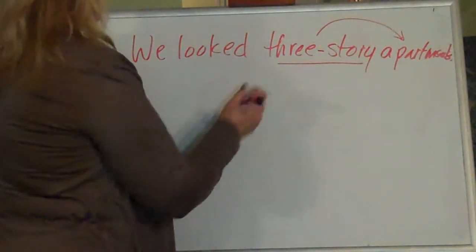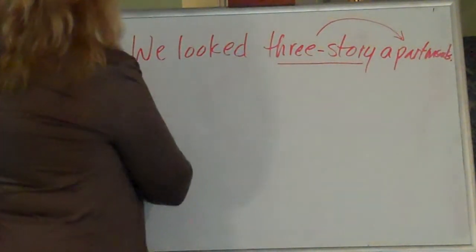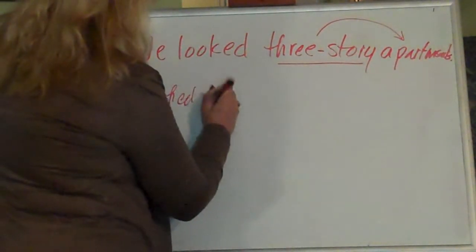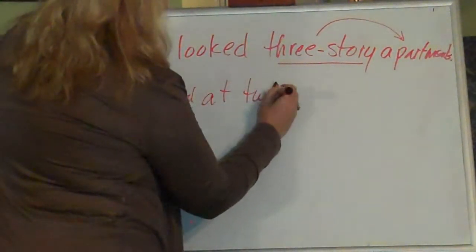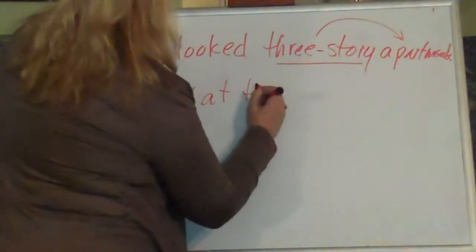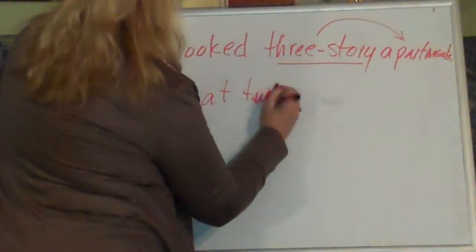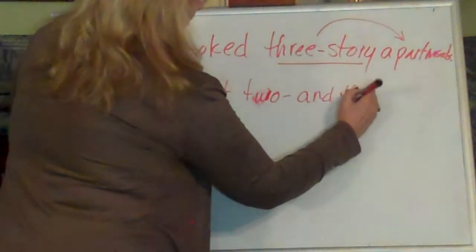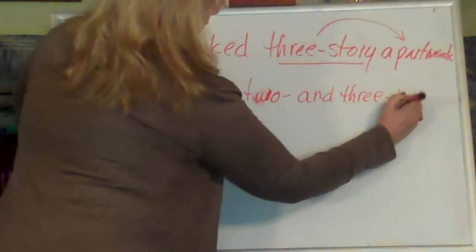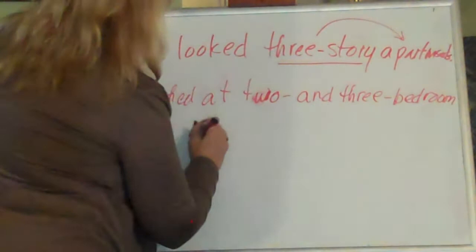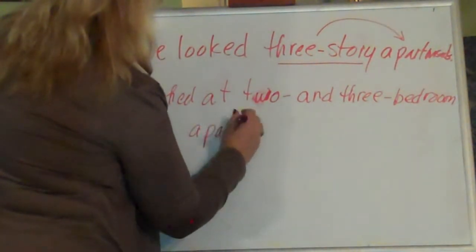So and if I were to, what if I said we looked at 2, that's supposed to be a W there, it doesn't look very good, let me try it again. 2 and 3 bedroom apartments.